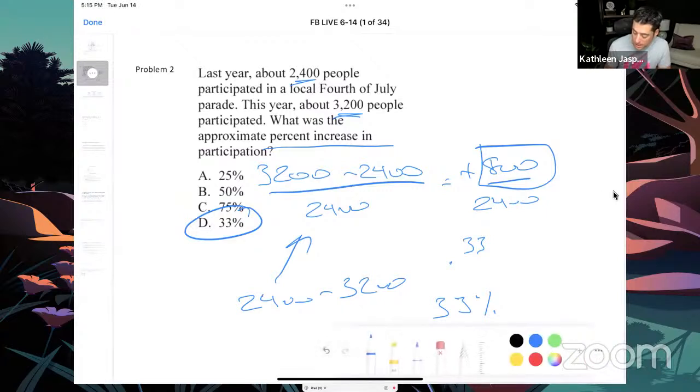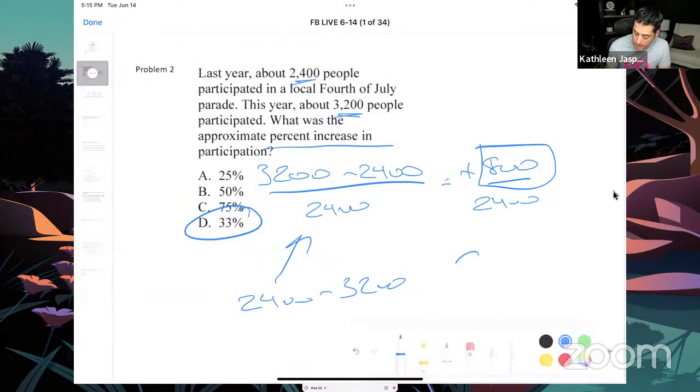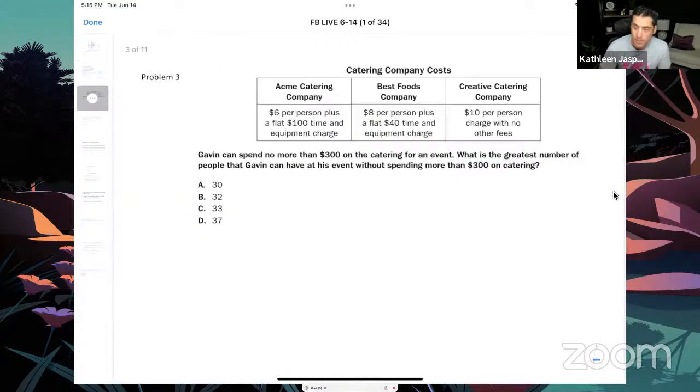It's still 800. One's positive, one's negative. But again, I don't care, because it's always going to be that number divided by the original value, and you're going to get the right number. Just think of it as throwing away the signs. Don't worry about it. Okay. So I wanted to show that, because you will see percent increase and decrease somewhere on your exams.